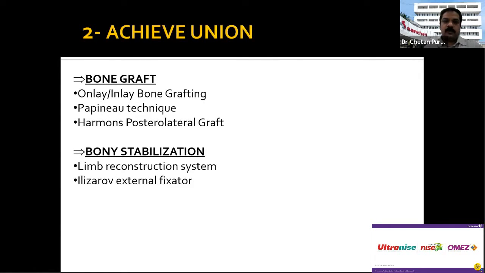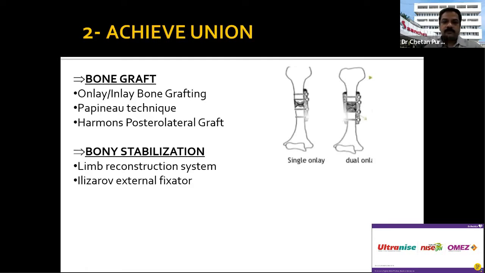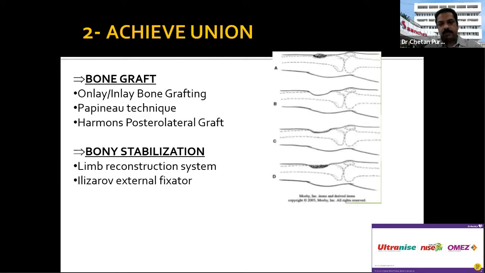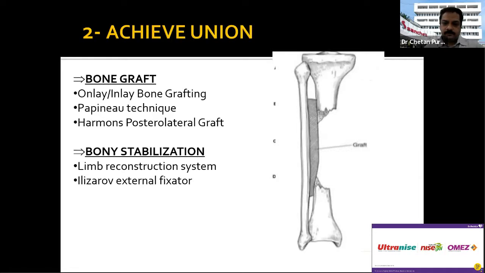So the bone grafting can be, of course, done after the eradication of infection, and it can be either an onlay single or dual onlay bone graft, or it can be the traditional Papineau technique, which first involves the eradication of infection with skin cover and then bone grafting, or it can be a posterolateral graft such as the Harman's posterolateral graft. Of course, now we have newer techniques such as Masquelet techniques, about which I will be talking later on.